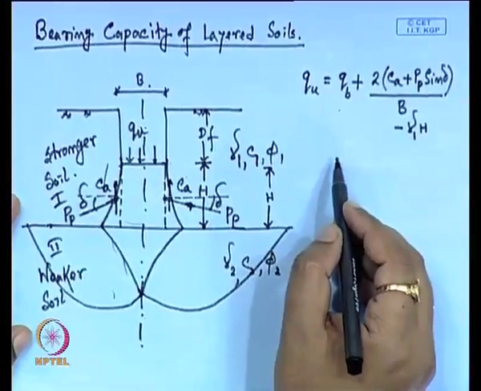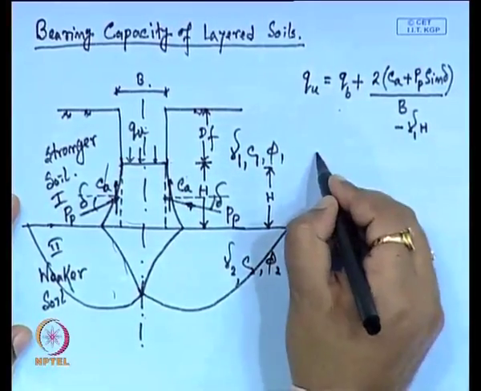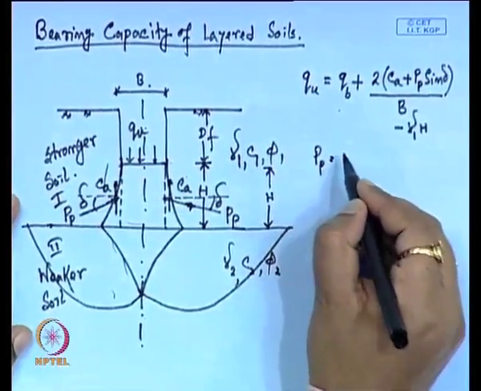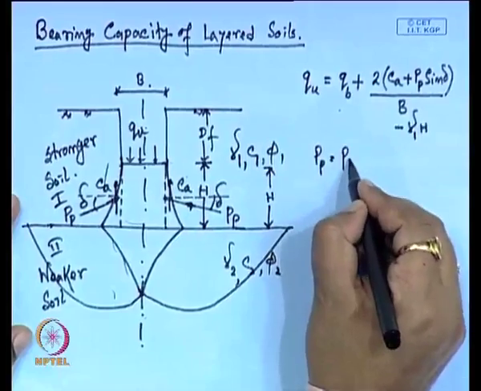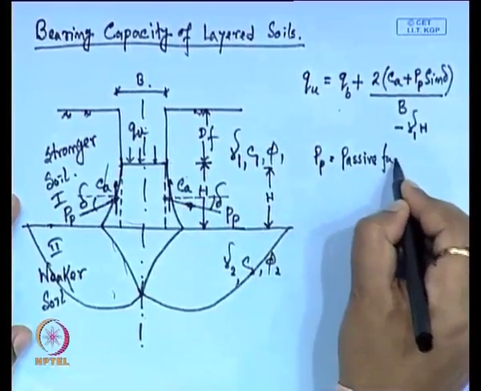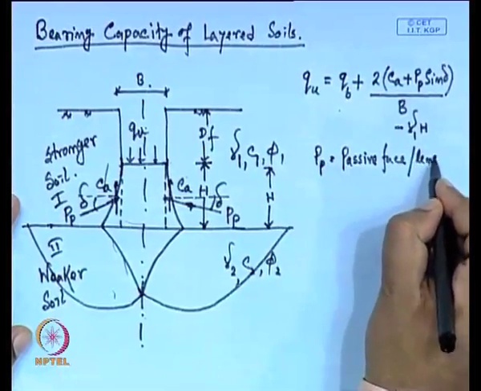So, now these are the total loads. Now, here P p we can write, that is the passive force per unit length.